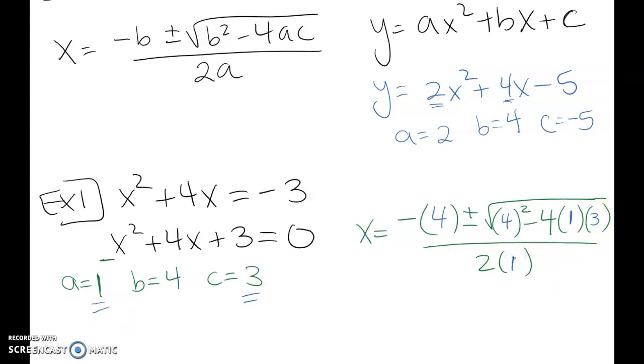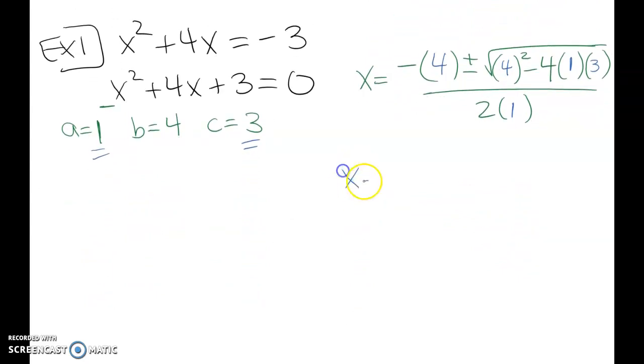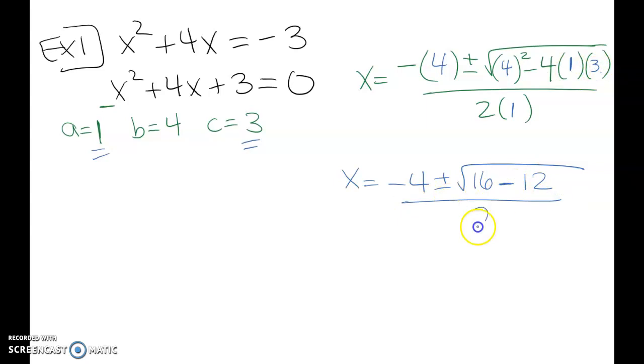So I need to simplify this. And if I'm simplifying this, I get x equals negative times 4 is negative 4, plus or minus the square root. 4 squared is 16, minus 4 times 1 is 4, times 3 is 12, so 16 minus 12, all over 2.